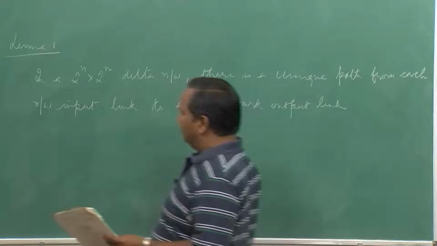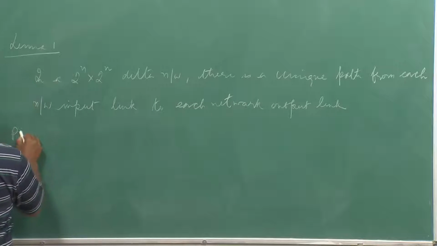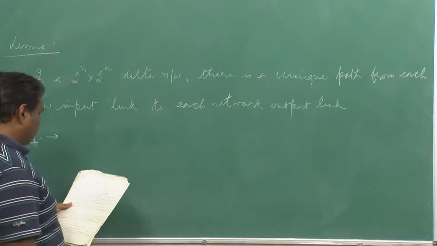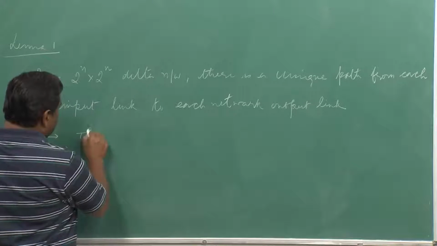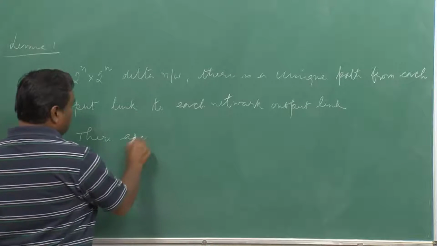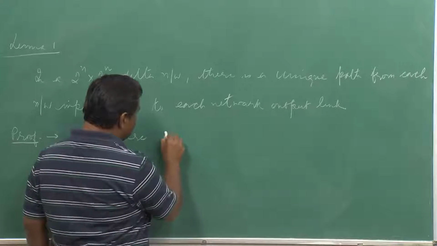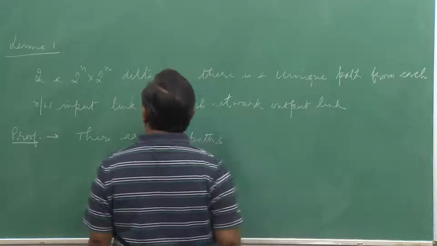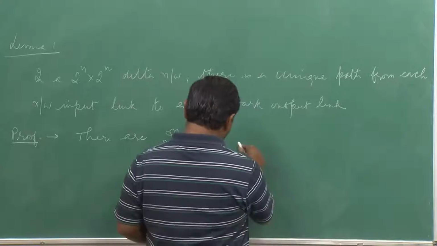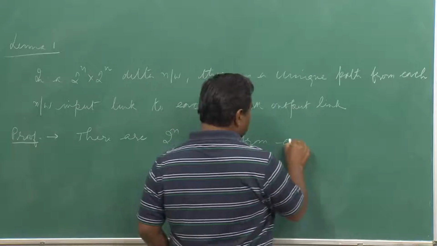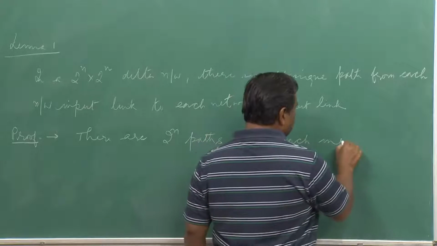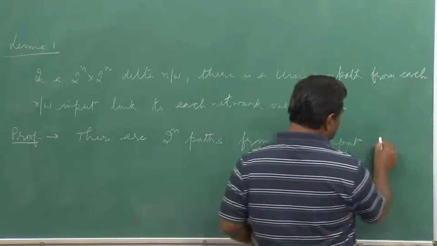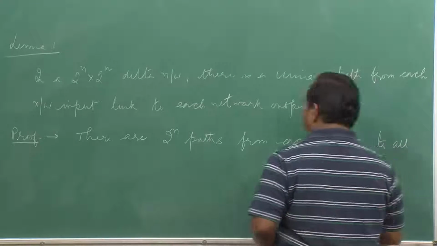So, we can actually prove it also very easily in our construction. So, proof goes that there are 2 raised power n paths from each input to all outputs.